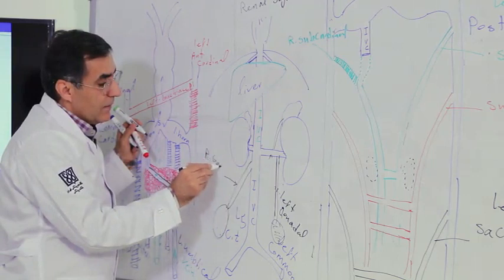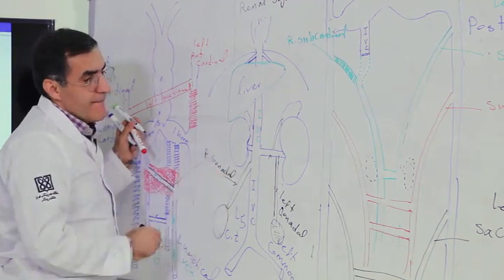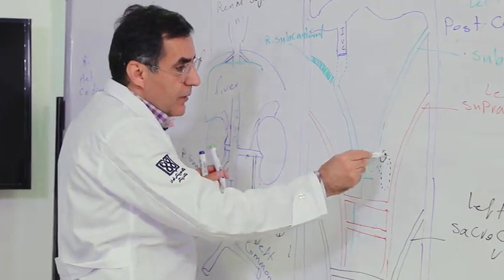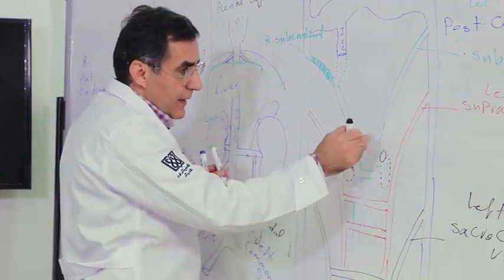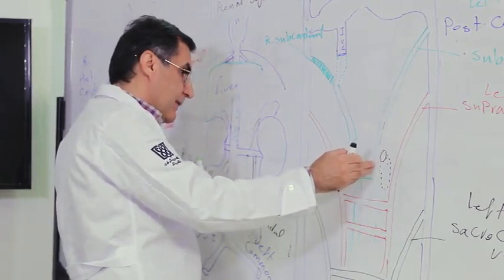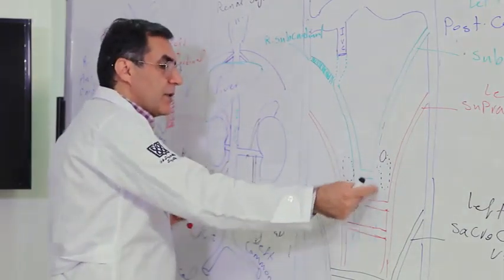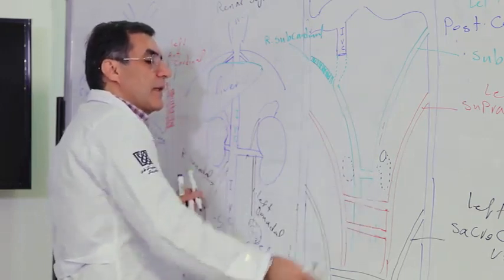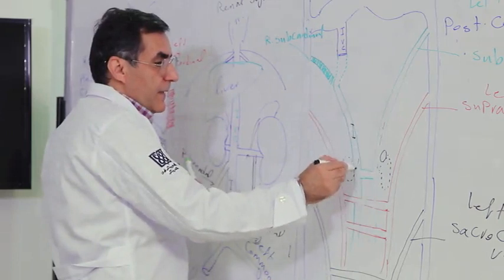Right gonadal. If you imagine here, the suprarenal is forming here, the remaining part here changes to the left suprarenal, and this one changes to the left testicular or left ovarian. This is the IVC.